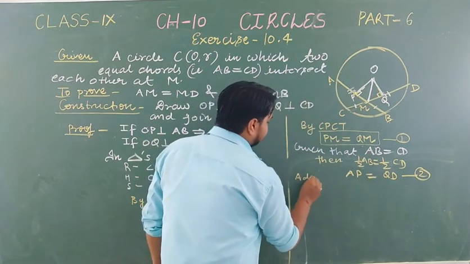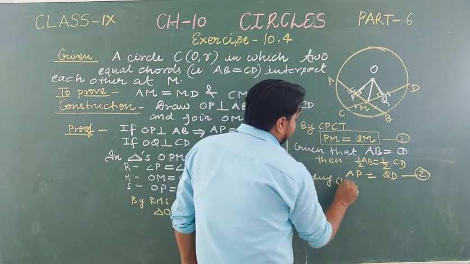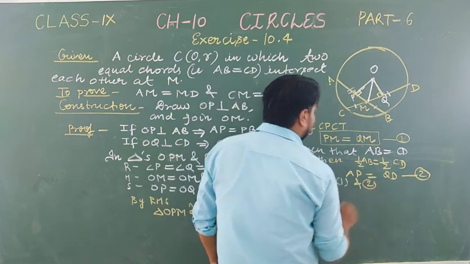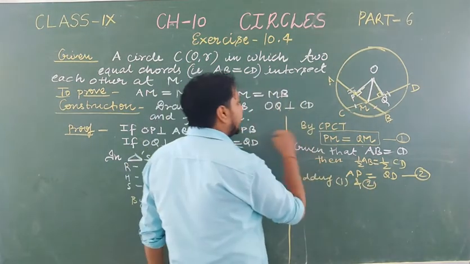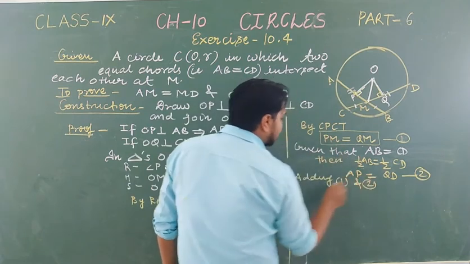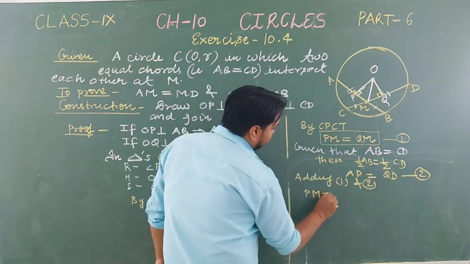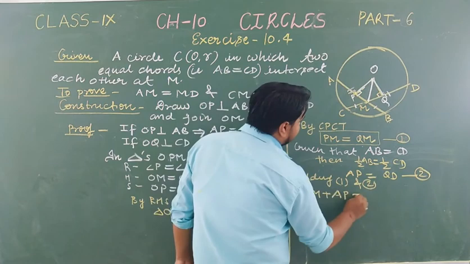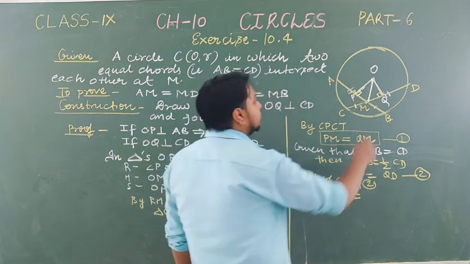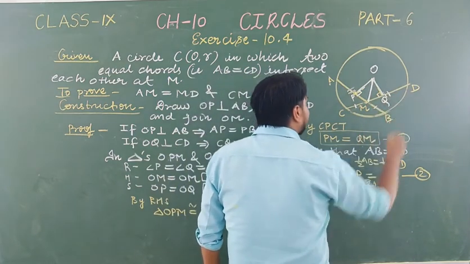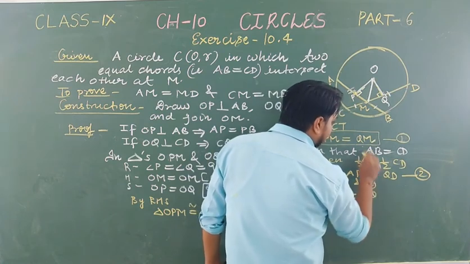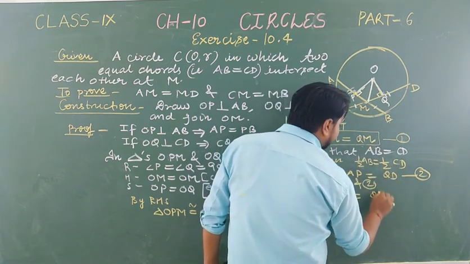Now adding first and second, what will you get? You will get PM plus AP is equal to QM plus QD.